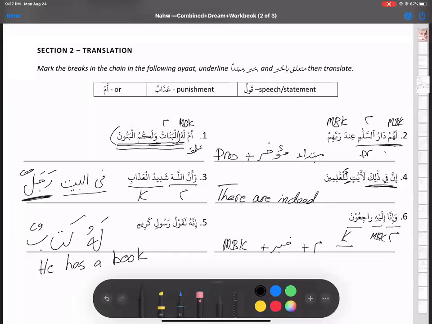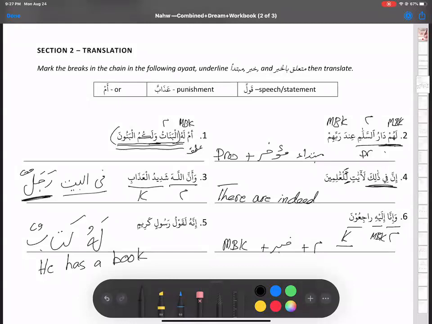Isn't it so that if it's common, then there is no exclusivity? No, we are not talking about that right now. That was only for mubtada. When mubtada is muakhar but it is common, then no exclusivity. If mubtada is muakhar but it is proper, then exclusivity is there.